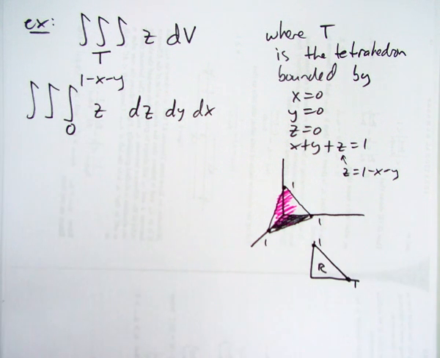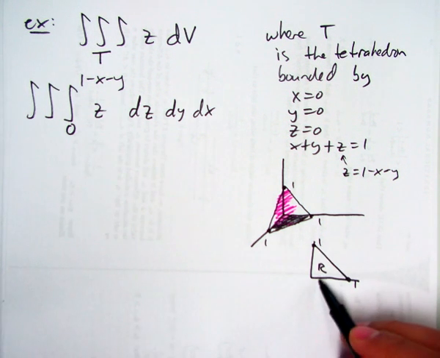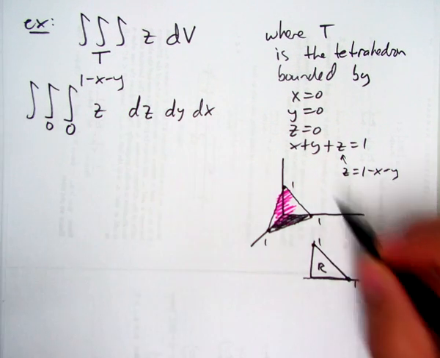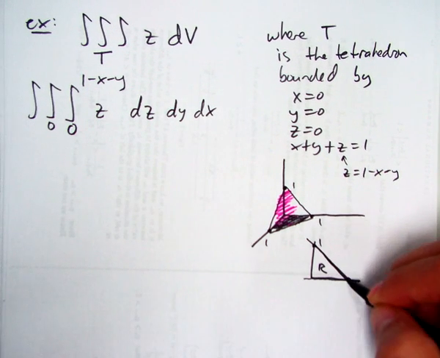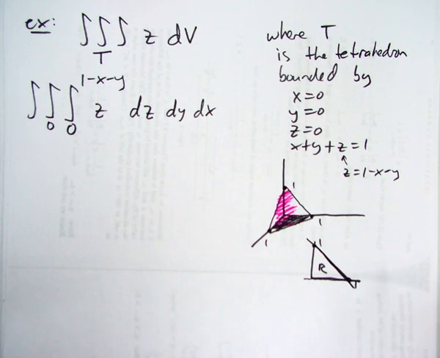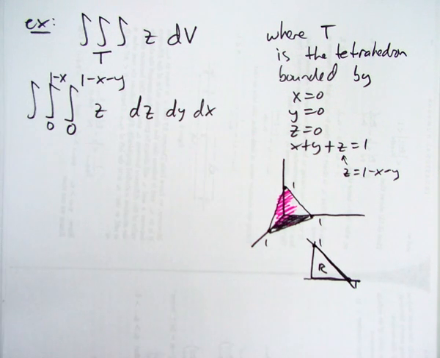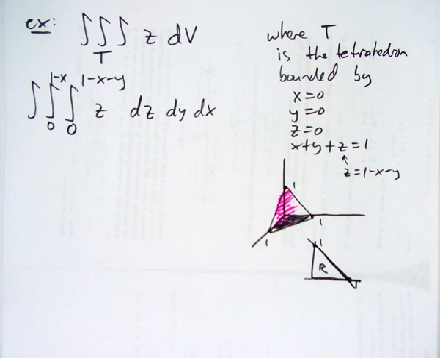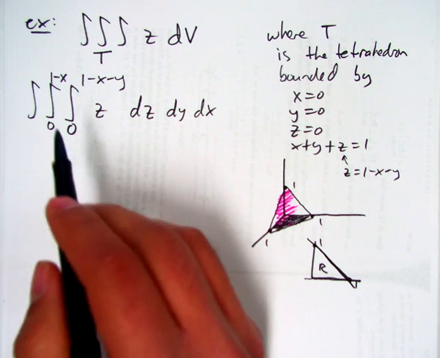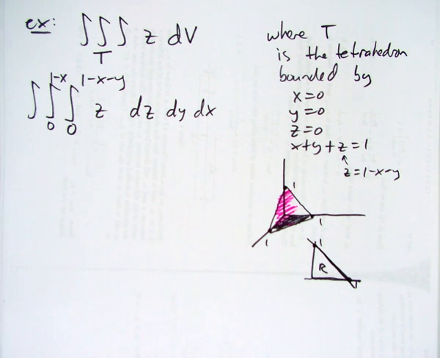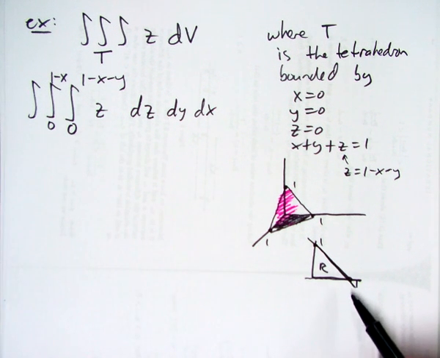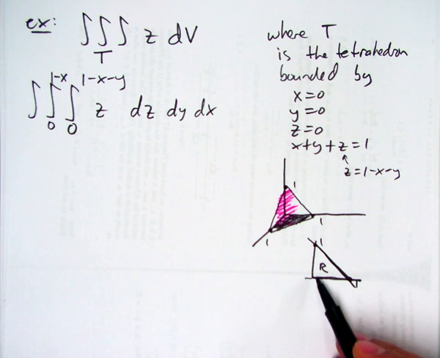So y is from y equals 0 to whatever this line is. What's the equation of that line? 1 minus x. Very good. And this is the point I need to make. On the outside, we always have what kind of bounds? Constants. So x is between 0 and 1.